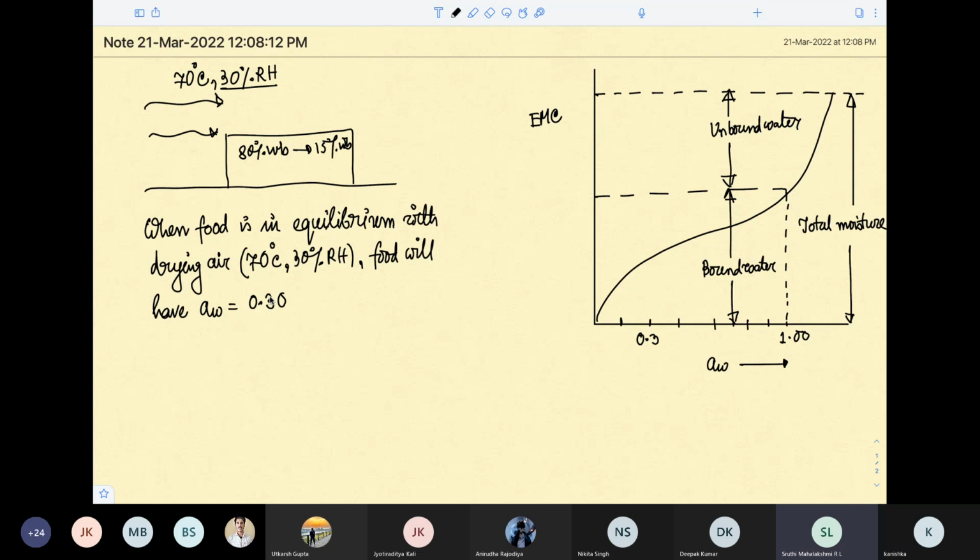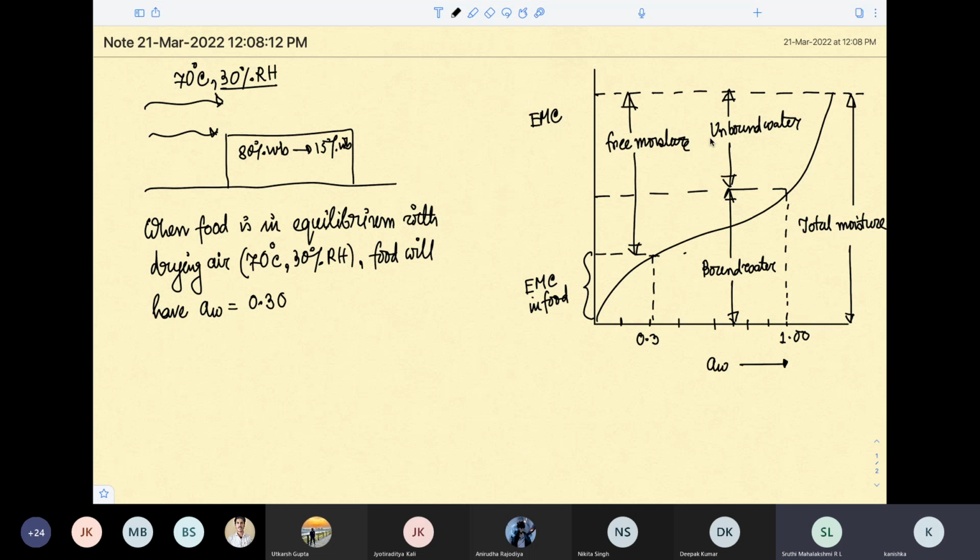Right? So this corresponding moisture content is basically the equilibrium moisture content of the food. So this is the EMC in food. This part is the free moisture content. So this is the free moisture.